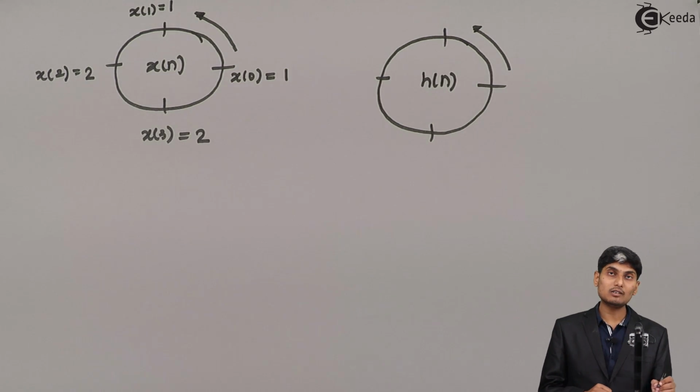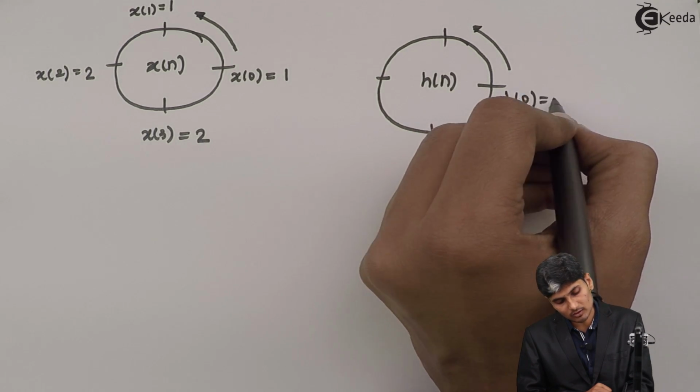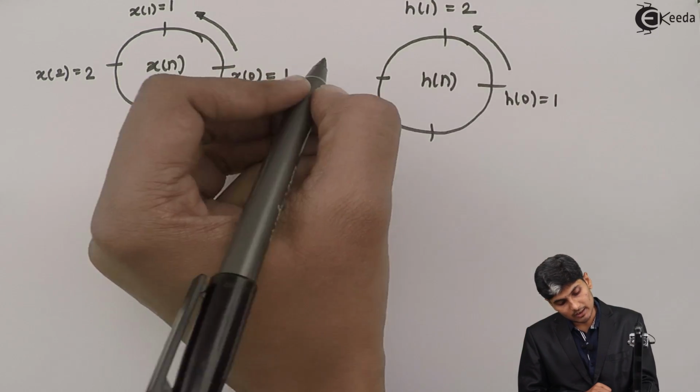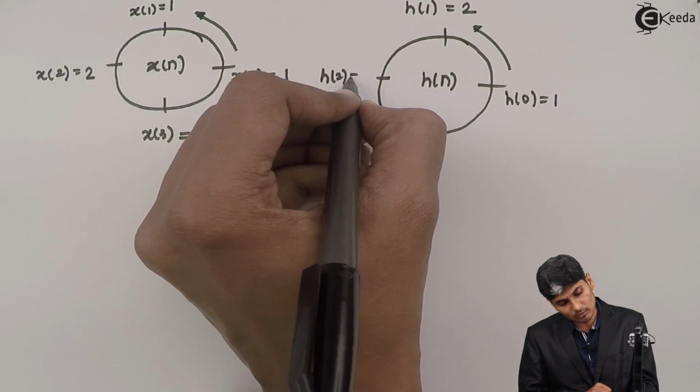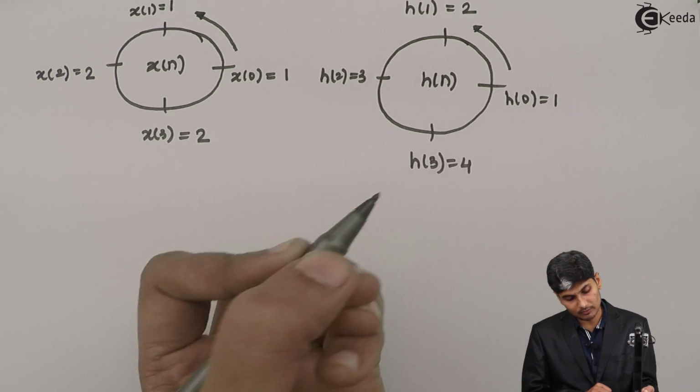So, I have 1, 1, 2, 2. Here I have h of 0 which is 1, then h of 1 which is 2, then h of 2 which is 3, and h of 3 which is 4.